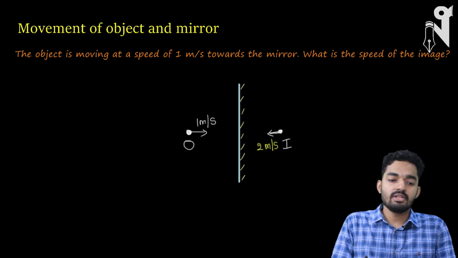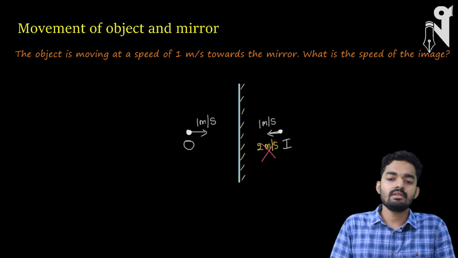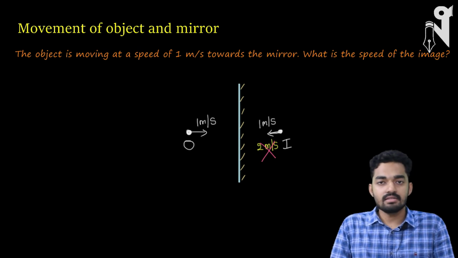The speed of the image cannot be anything else other than 1 meter per second, right? Only in this case the object distance and the image distance will remain the same always. So the speed of the image is 1 meter per second and it is traveling towards the mirror, which is opposite to that of the object.